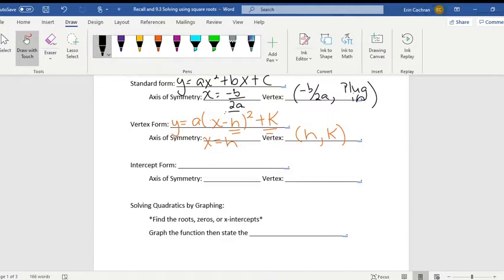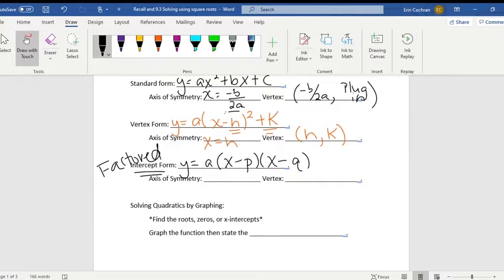And then intercept form was y equals a times x minus p times x minus q. So intercept form was also known as our factored form. And that was the only one that didn't have the x squared, because if I FOILed this out, we'd get the x squared.